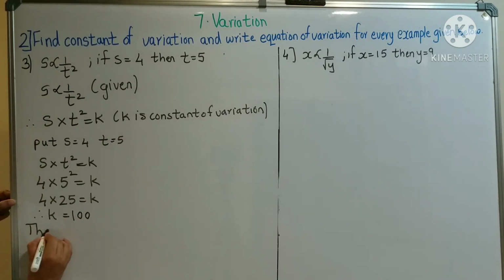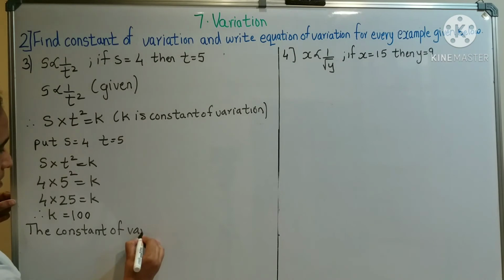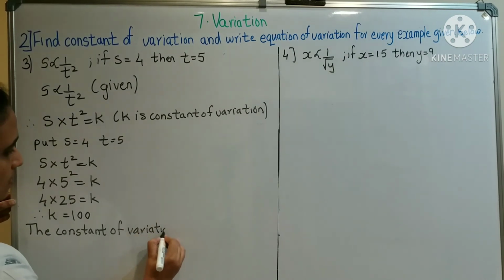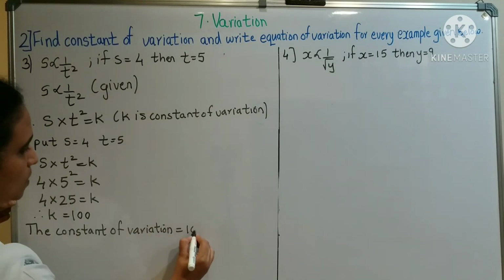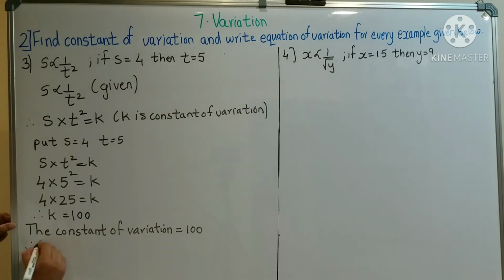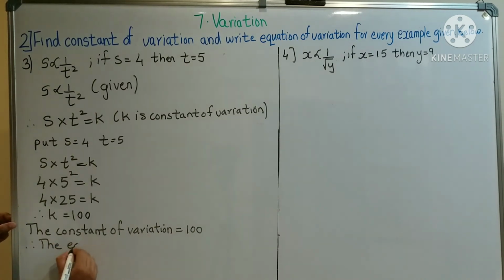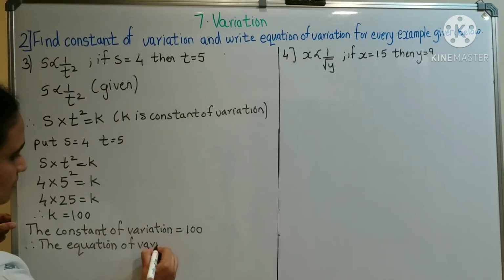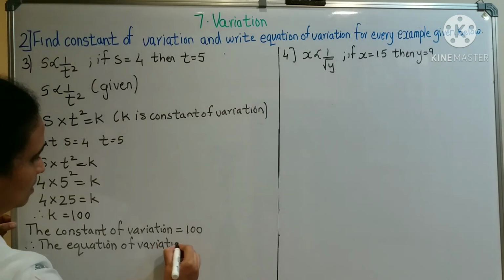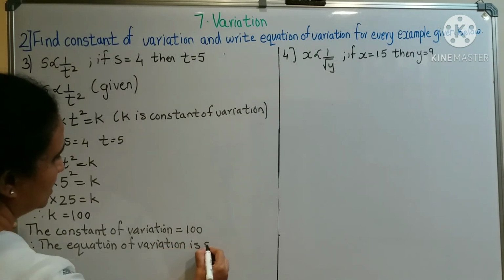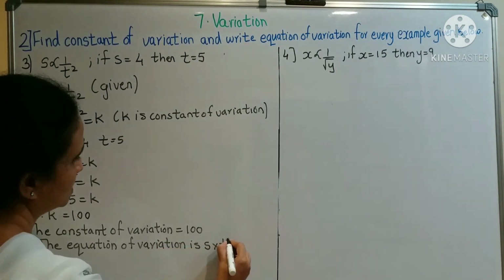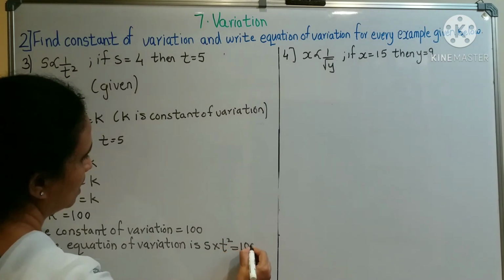The constant of variation is equal to 100. Therefore, the equation of variation is S into T square is equal to 100.